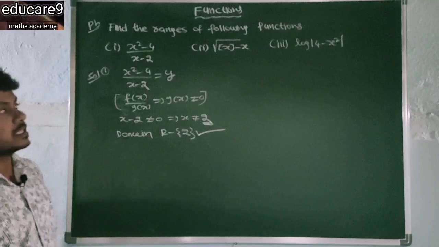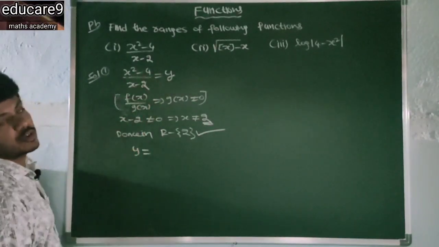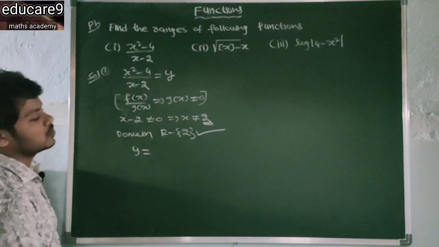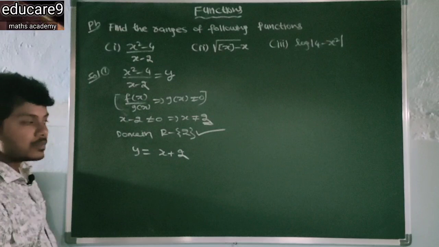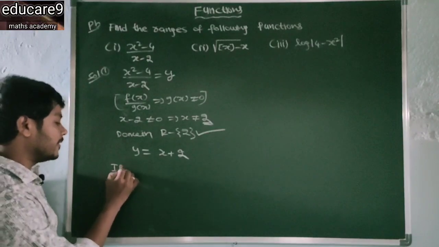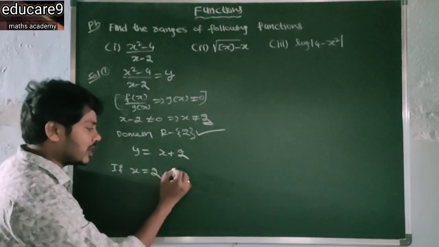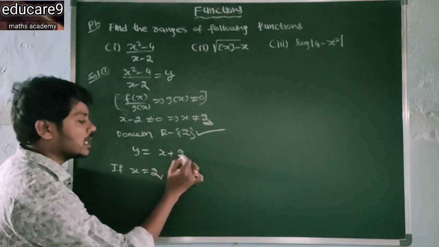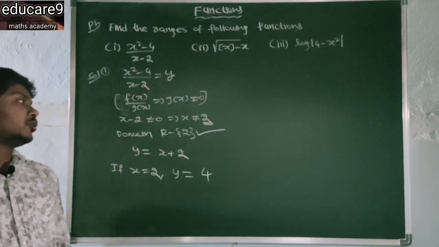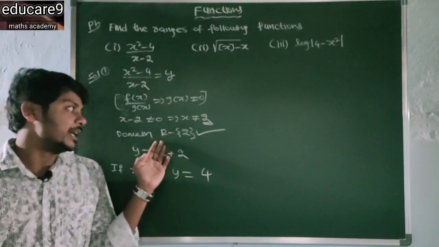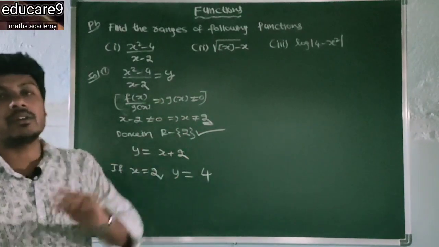Now find the range. So y is equal to x square minus 4, write it as x plus 2 into x minus 2, you get x plus 2. See here, if x is equal to 2, what is the y value? 2 plus 2 is 4. But according to the domain, R minus 2 means x is not equal to 2.